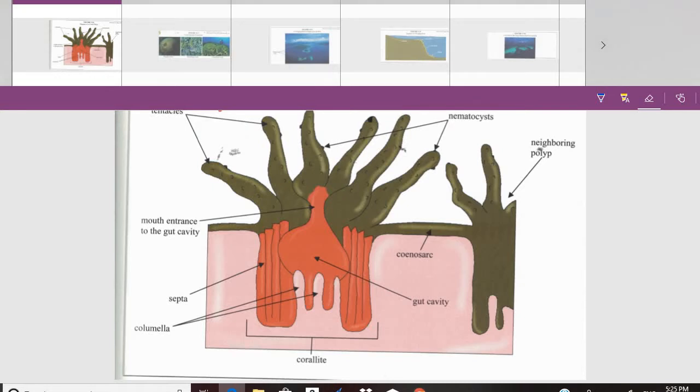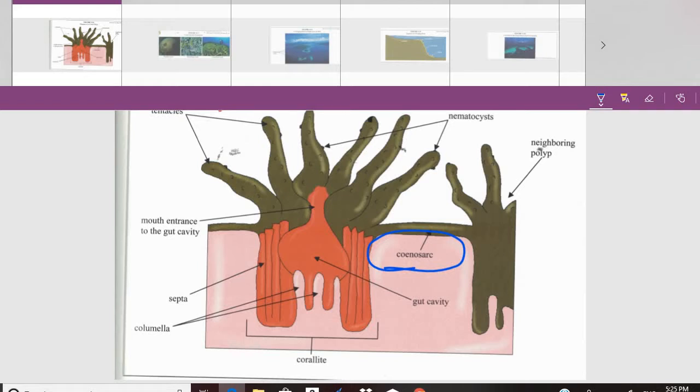And the other thing I want to show you is this structure right here. That is called a coenosarc. So that contributes to sideward growth.